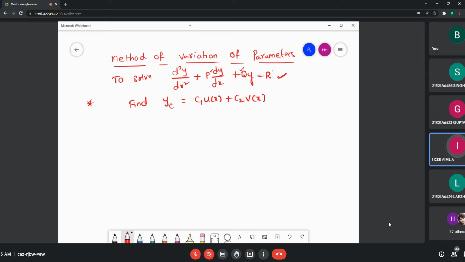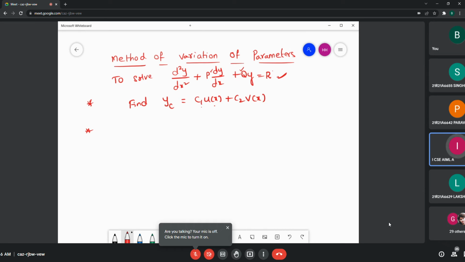Next, we have to find the particular integral. Generally, we know the general solution for a higher order differential equation is the complementary function plus the particular integral.